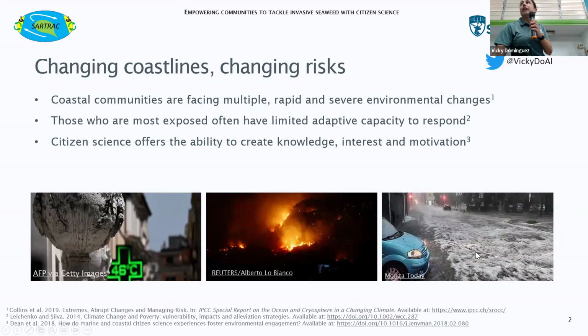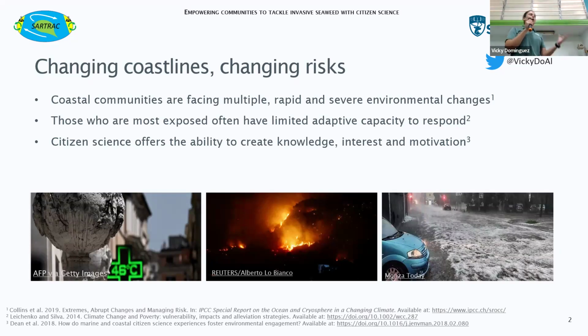And the last picture on the right is Milan, also Italy, also last summer, but showing those torrential rains. And this is just an aspect of those environmental changes that we are seeing changing so rapidly that not everyone is going to be able to adapt quickly or have the resources to do something about it.